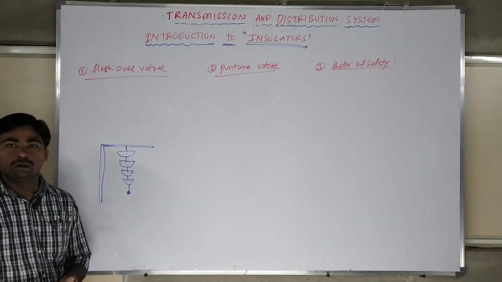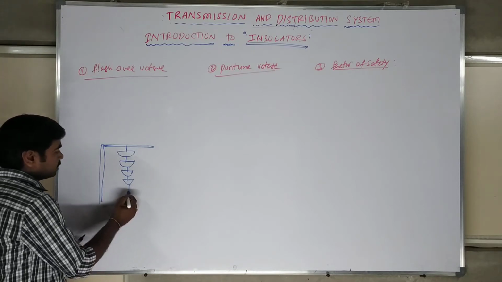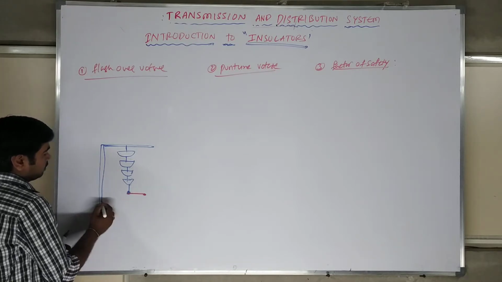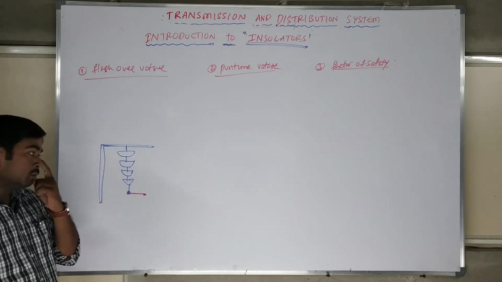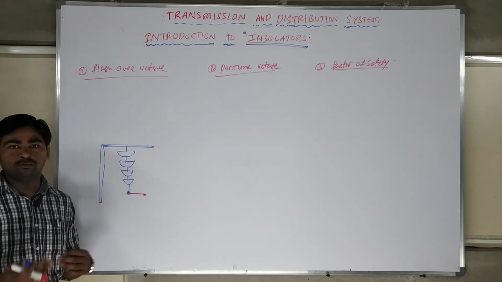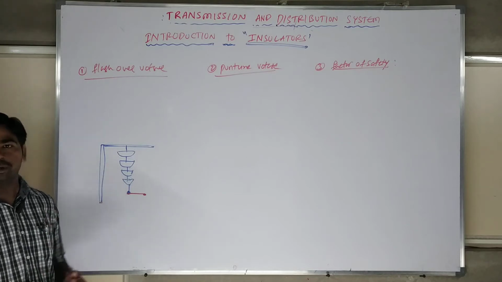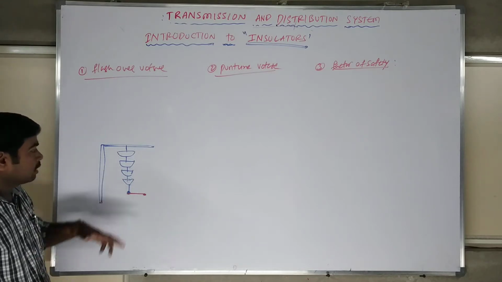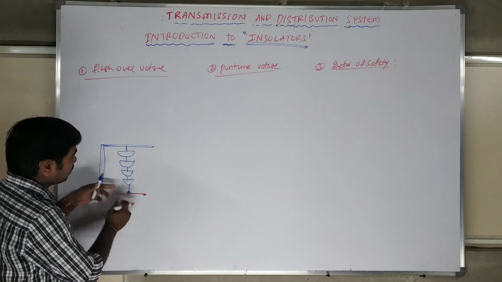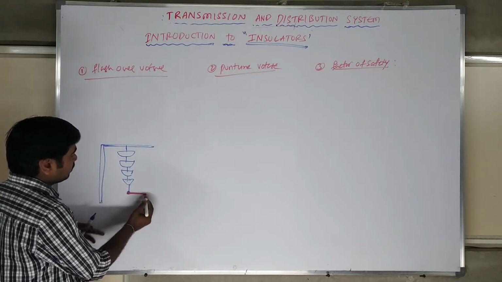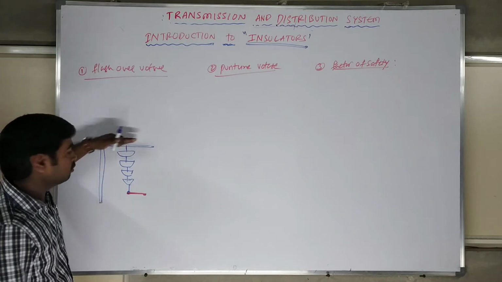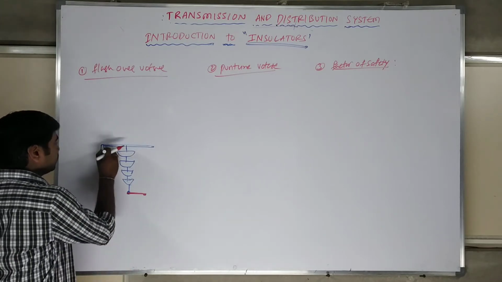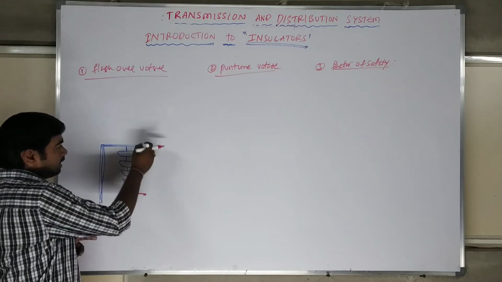When you apply voltage to the transmission line, and the voltage keeps increasing, at a particular voltage a potential difference is created from the line conductor to the ground wire, the earth conductor.